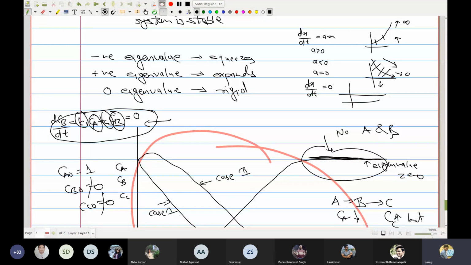Similarly, if I take a pocket here versus a pocket here, it will have a value much closer to infinity, which means the system is expanding. But if I take two pockets here and here, there is nothing which is changing. Not only is the value not changing, the tendency to come closer or go away from the value is also not changing. The system is rigid. So that is what a zero eigenvalue tells me.